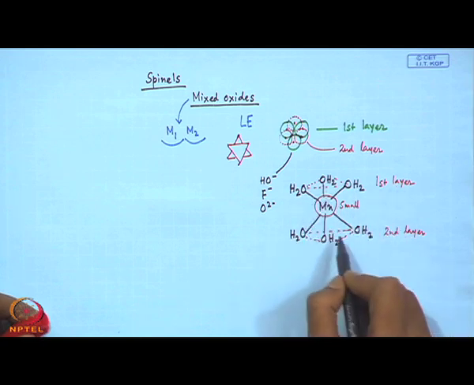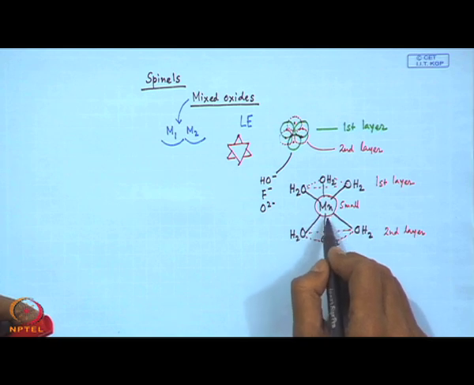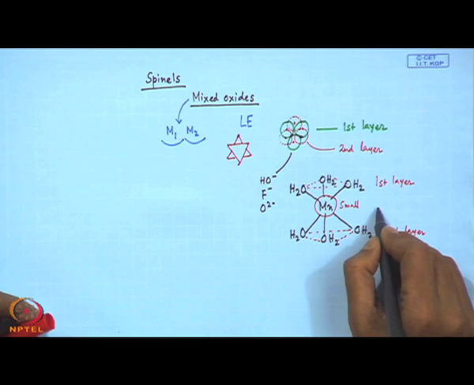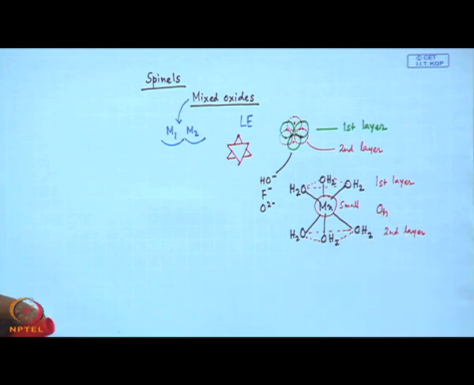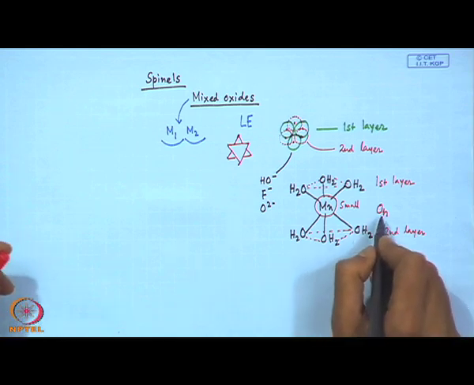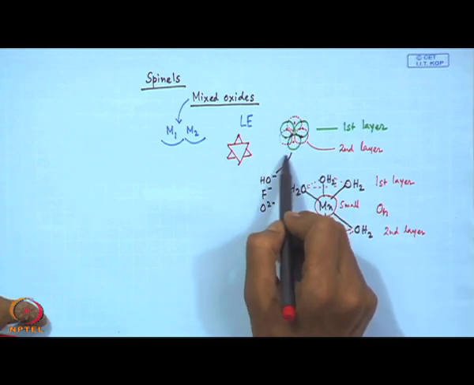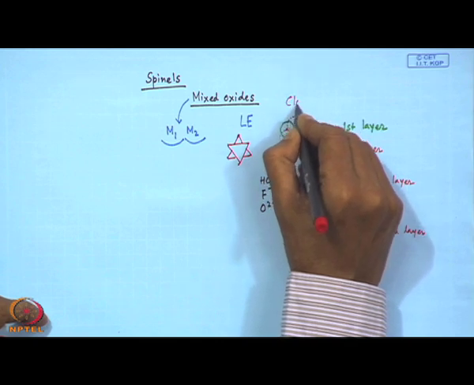Between these 2 layers, we have the trapped metal ion, which is a very small one and which is sitting inside nicely in an octahedral geometry. In this octahedral geometry, the same geometry we can have if we have a close packing of spheres.